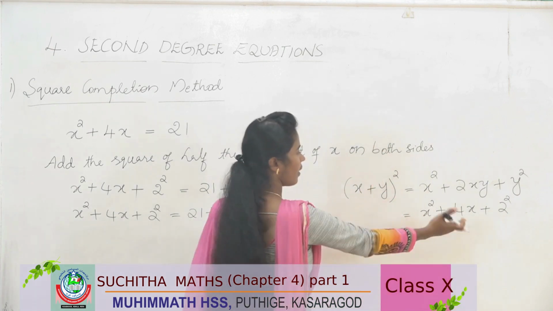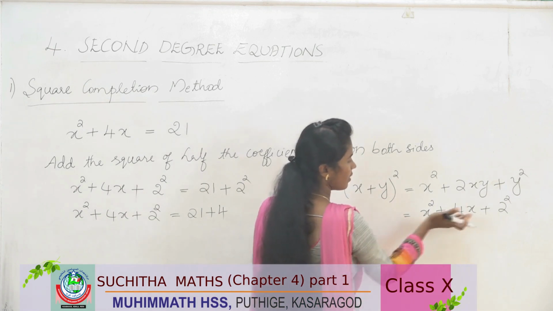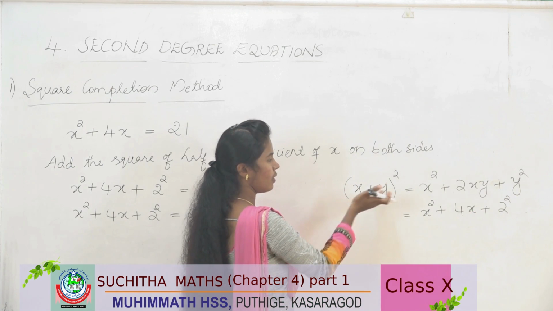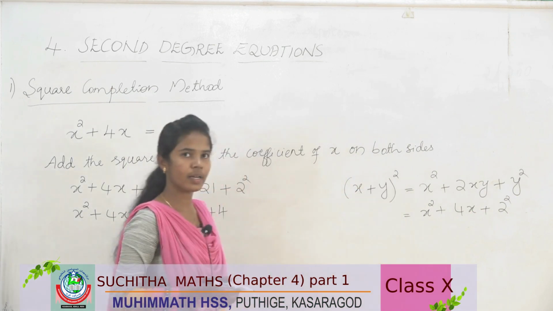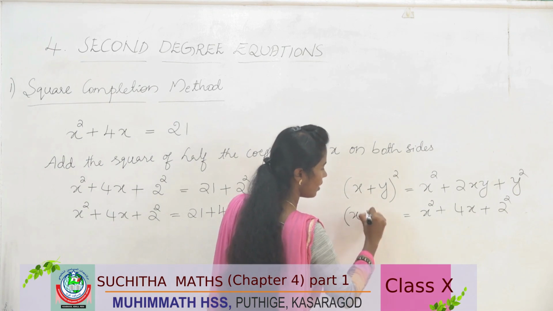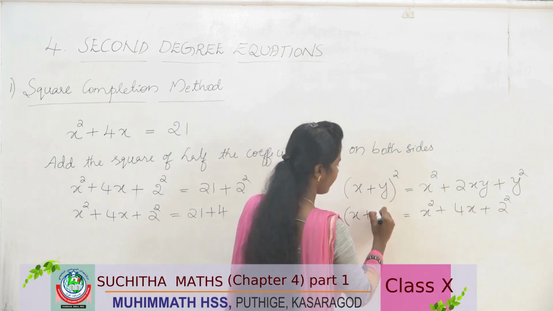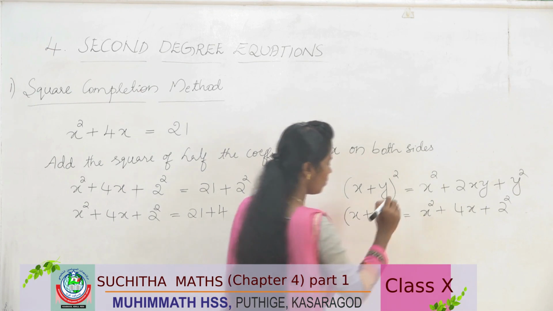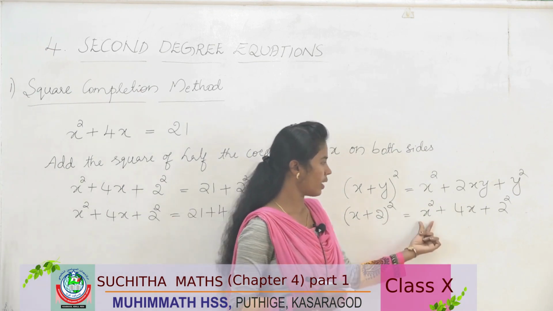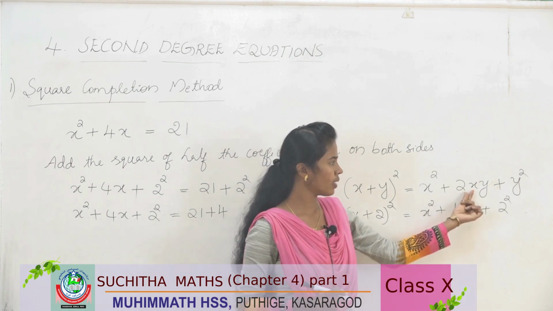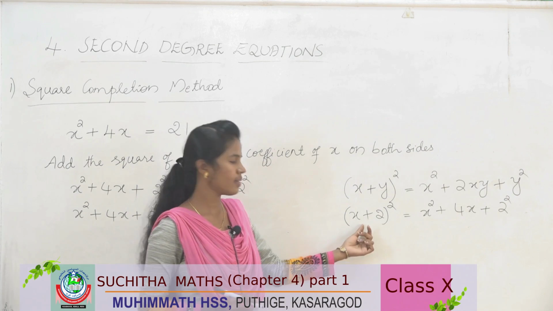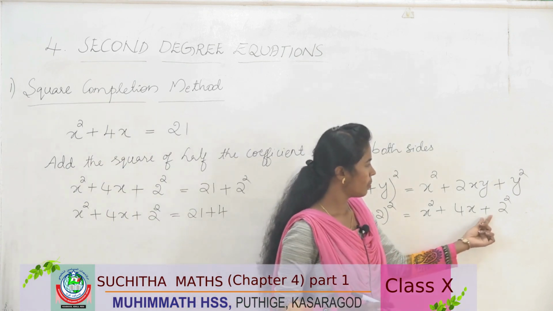So how can we write this equation in the form x plus y whole square? Here first term is x and last term is 2, that is x plus 2 whole square. So x square plus 2 into x into y, that is 2 into x into 2, is 4x, plus y square.